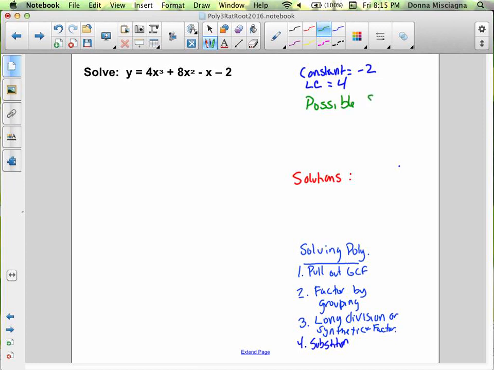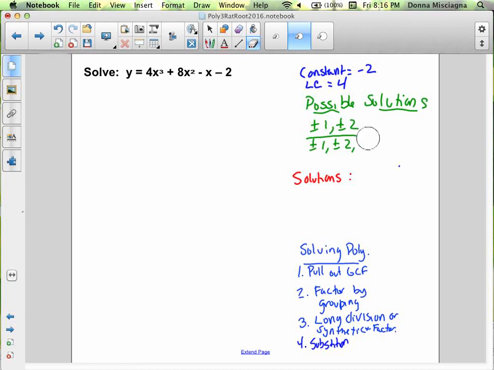All right, so our possible solutions, I'm sorry, since we're using synthetic division, it will be solutions. Possible solutions here would be plus or minus the factors of 4 over the factors of 2. The factors of 2 are 1 and 2. The factors of 4 are 1, 2, and 4, right?